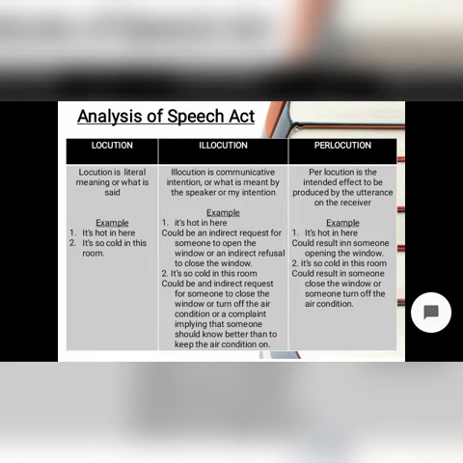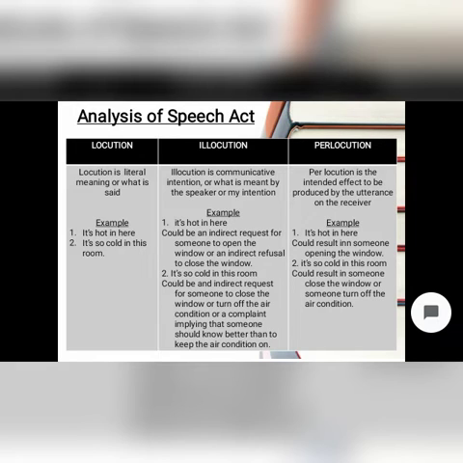Second, it's so cold in this room could be an indirect request for someone to close the window or turn off the air condition, or a complaint implying that someone should know better than to keep the air condition on.